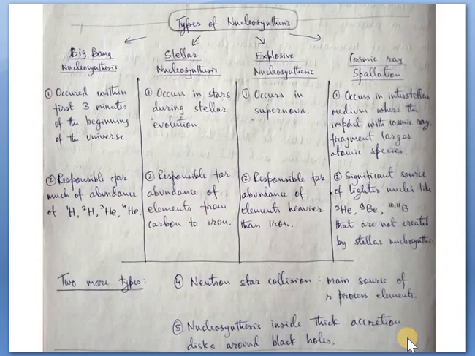Now, it is important to note that apart from this natural nucleosynthesis, there are some artificial nuclear production processes as well on Earth. The first is radioactive decay, which happens naturally in the Earth, leading to spontaneous fission.